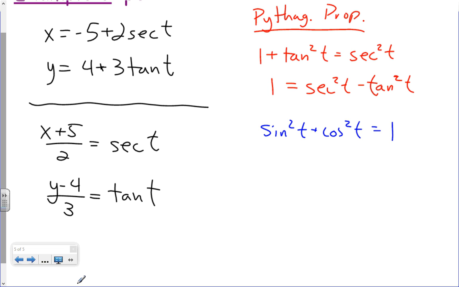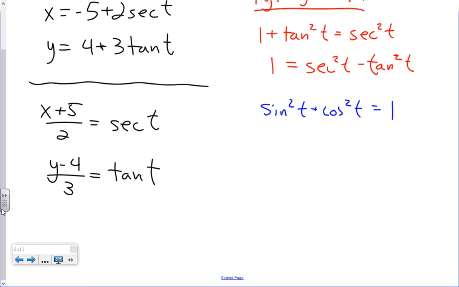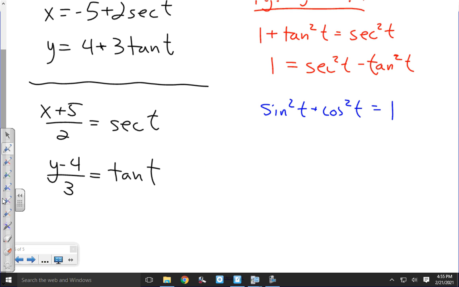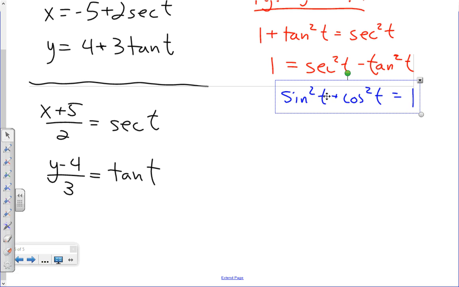All right, now what I want to do is square both of these equations. I'm going to move this formula up here to get it out of my way, because I want to write right next to this.